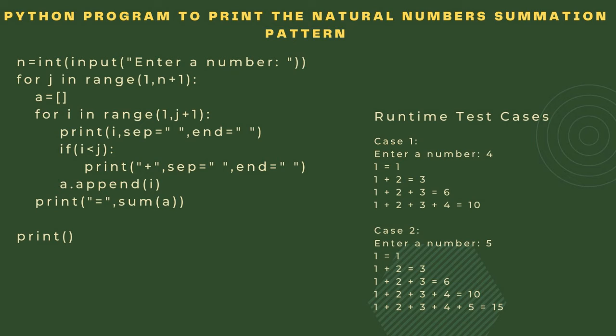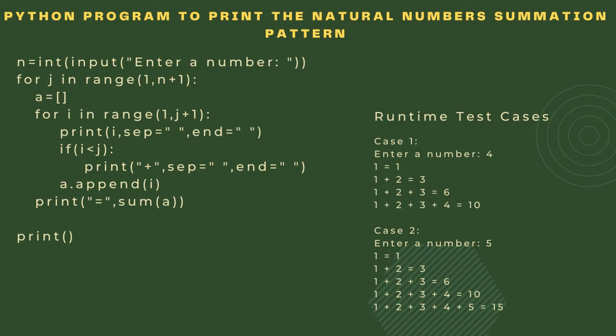6. Exit. Here is the source code of the Python program to read a number n and print the natural number summation pattern. The program output is also shown below. Program explanation: 1. User must first enter the value and store it in a variable n. 2.